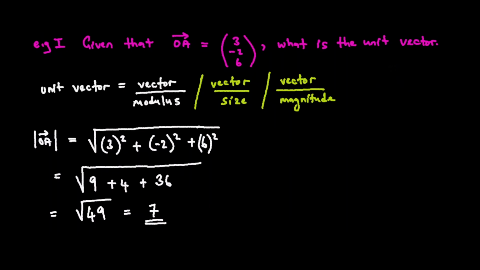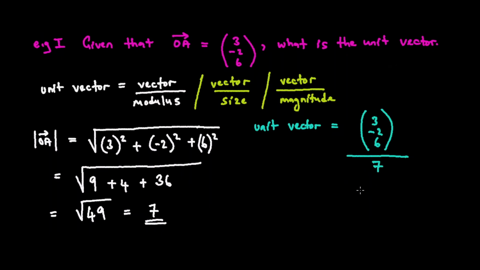We have seen that the size of the vector is 7. We want to find the unit vector. So the unit vector is equal to our vector, which is (3, -2, 6), over the modulus, which is 7.